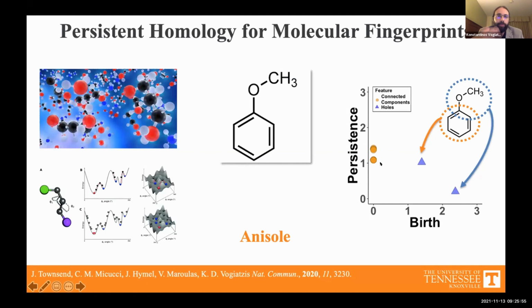Here we have multiple points that correspond to every atom pair. But in this area of this diagram, that we call persistence diagram, we have specific points that correspond to different functional groups of a molecule. This point here corresponds to the phenyl group, and this point here corresponds to the methoxy carbon-carbon area.